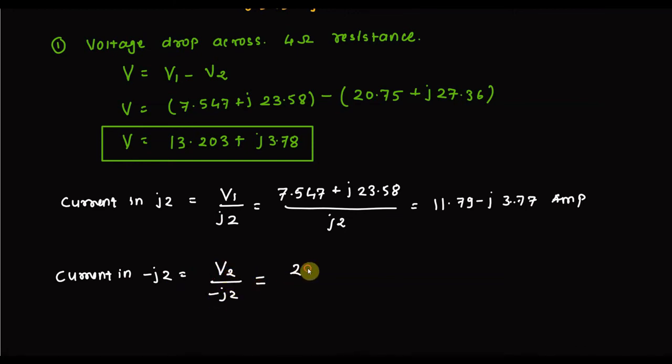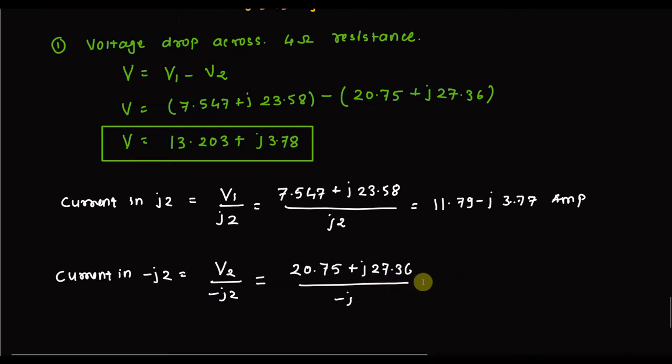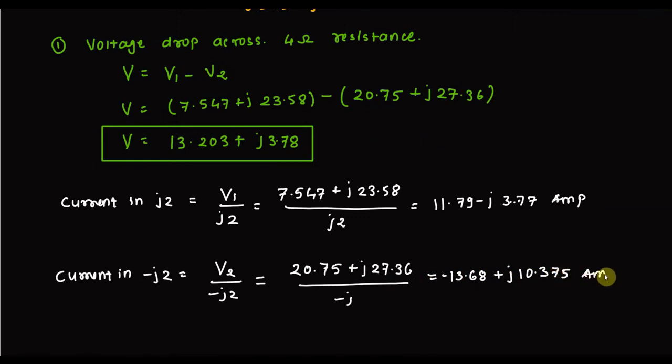So V2 is 20.75 plus j 27.36 divided by minus j2, which comes out to be minus 13.68 plus j 10.375 ampere. Here both answers we have calculated in rectangular form.